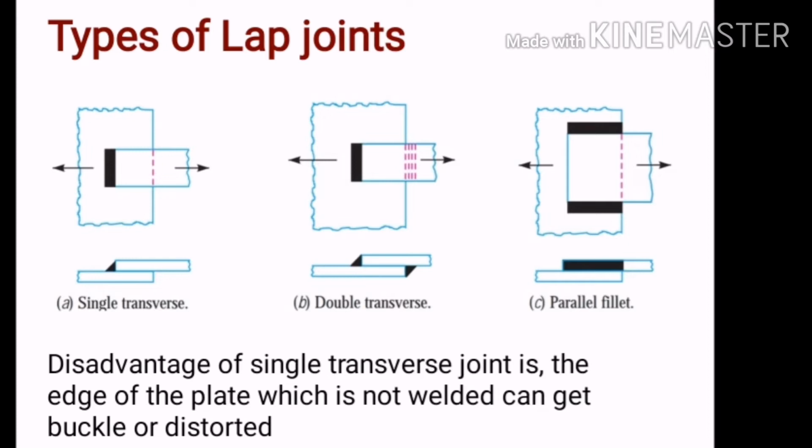In single transverse lap joint, the load axis is in the direction perpendicular to the axis of the weld.